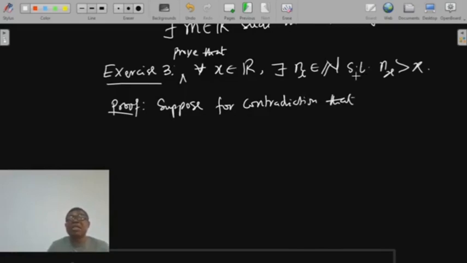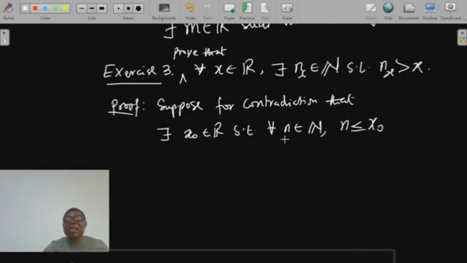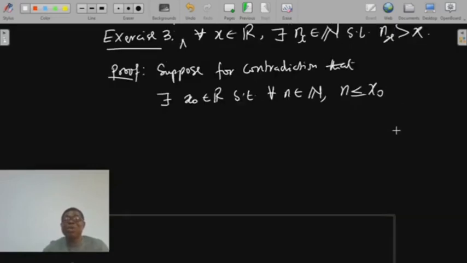And that this assertion is not true means that there exists, say, a certain x naught in the set of real numbers such that for any n we pick in the set of natural numbers, n is less or equal to x naught. Meaning that the set of natural numbers is bounded above. Suppose this is the case.